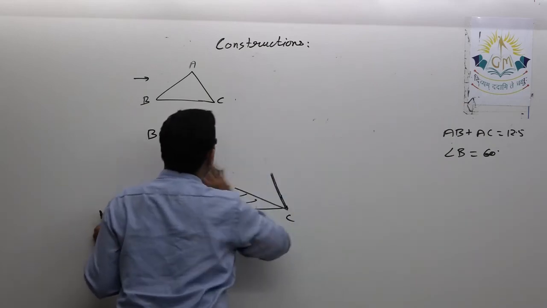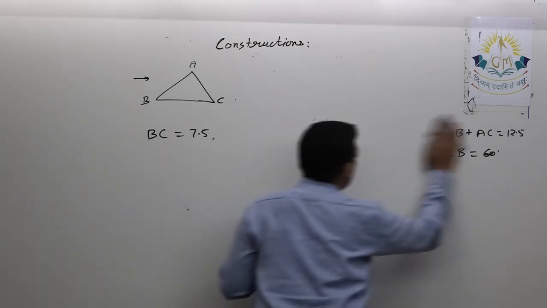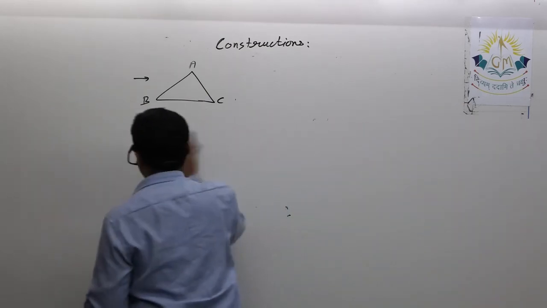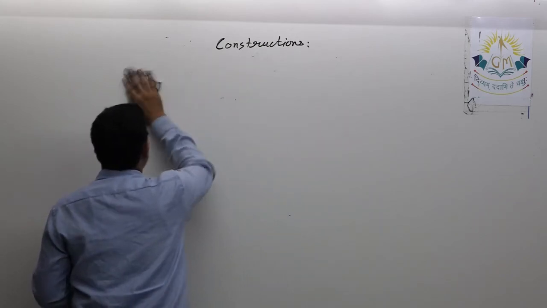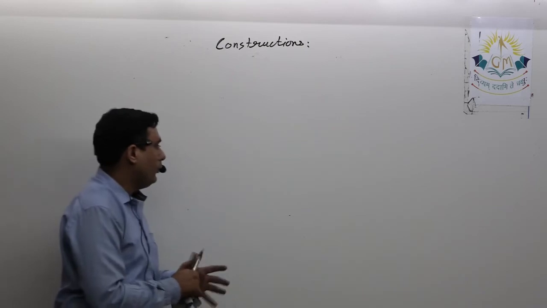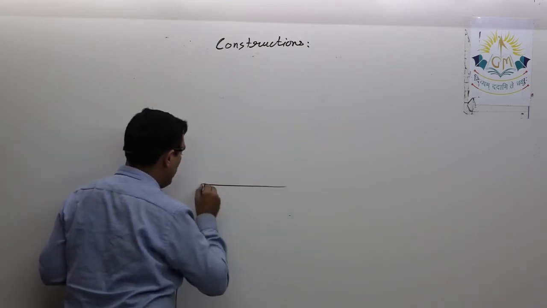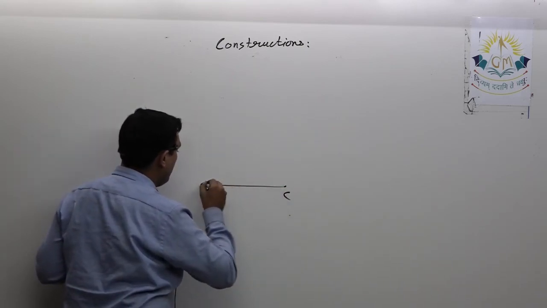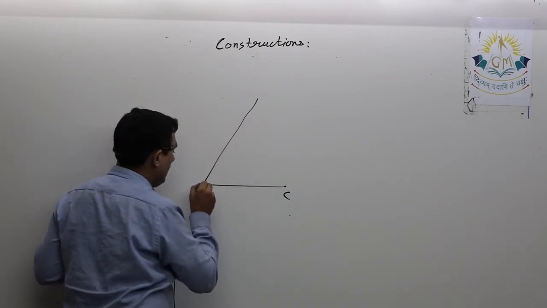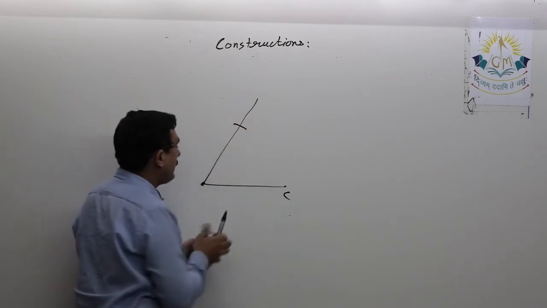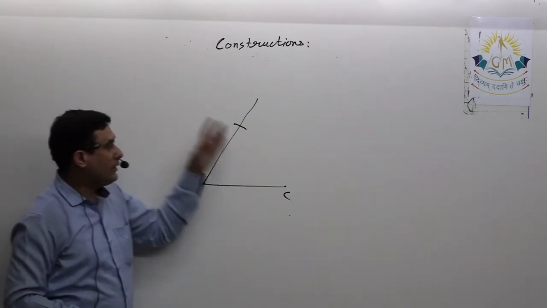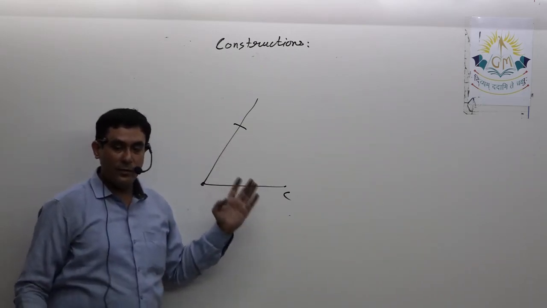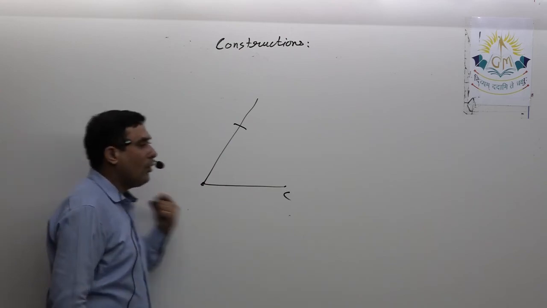Now next we will see when the difference of sides is given. Now when the difference of sides is given, there is a small catch. See over here what we did, we took the base, we drew the angle, we took the center, and we cut the arc equal to the sum of the sides. Now when we have to construct the triangle in which the difference of sides is given, we have to follow almost the same method.